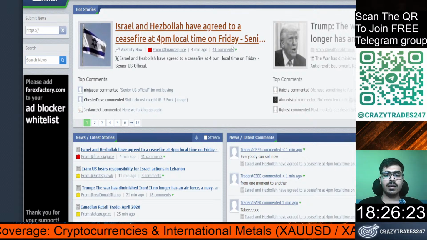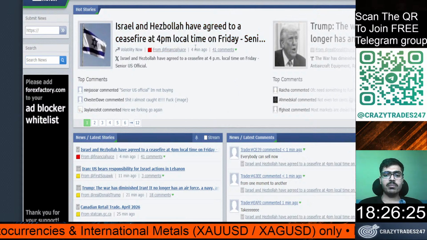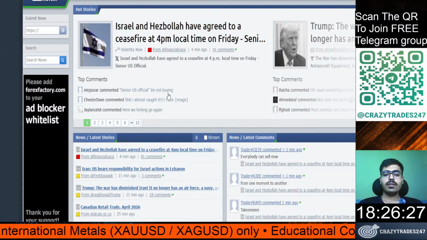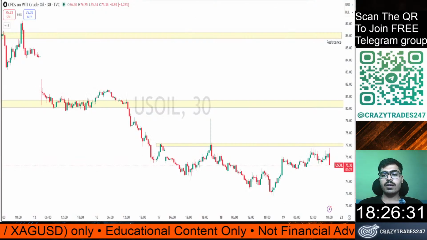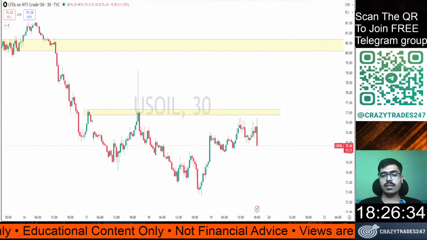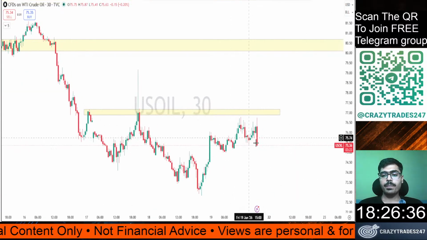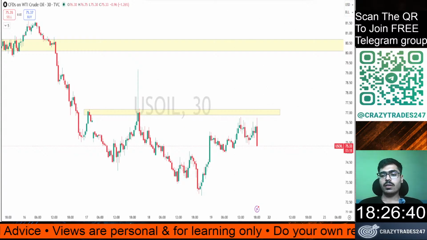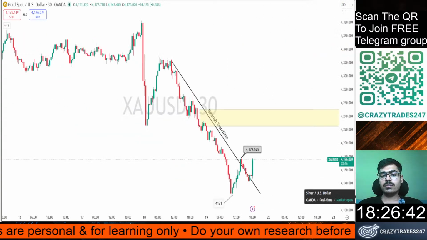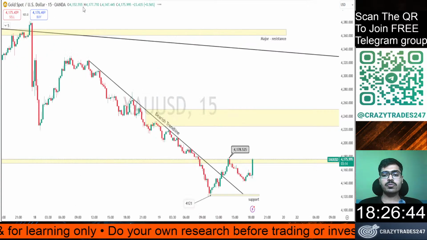Israel and Hezbollah have agreed to a ceasefire at 4 p.m. local time on Friday. So this is the reason why we are getting this decline in US oil. Obviously, because this is good news. And silver and gold are witnessing an up move.